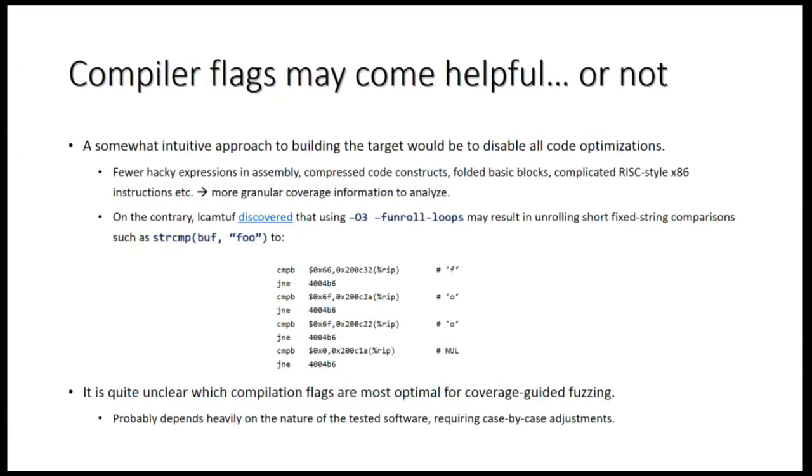But on the contrary, Lcamtuf has also found that if you use O3 optimization with unroll loops, then some of the short string comparisons or string signatures are unrolled to just very simple byte-granular comparisons. So it's quite unclear which compilation flags should really be used for coverage-guided fuzzing, and it's probably something that you should adjust based on the specific project that you are trying to fuzz.